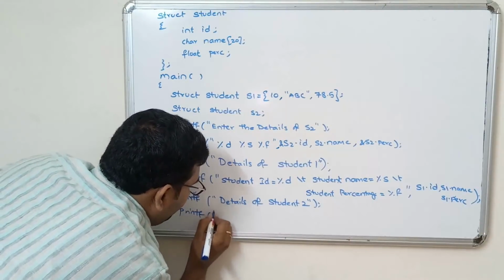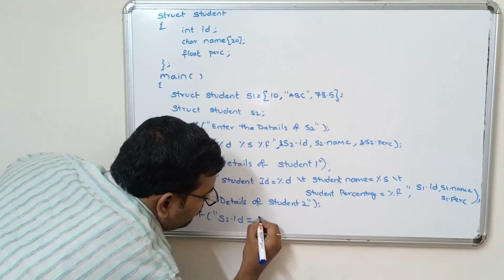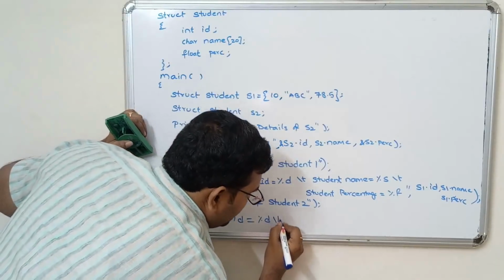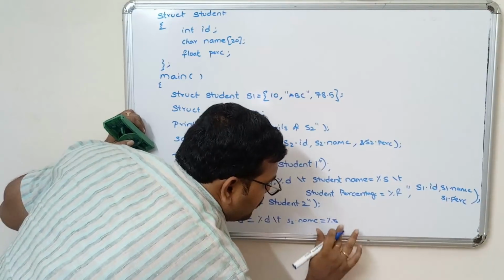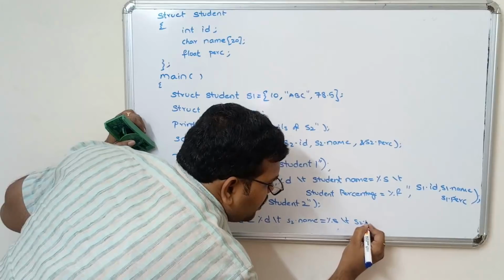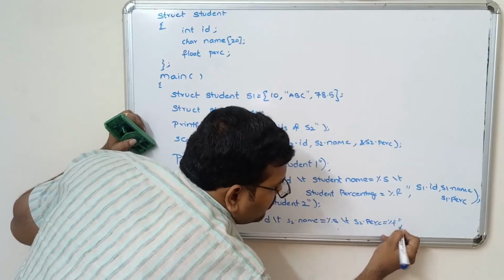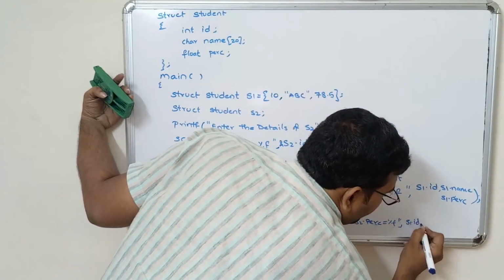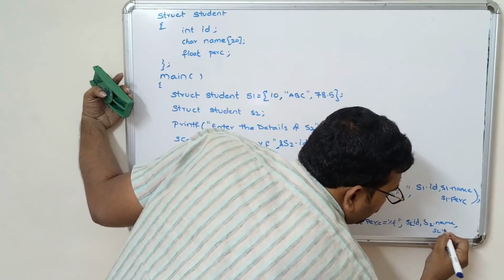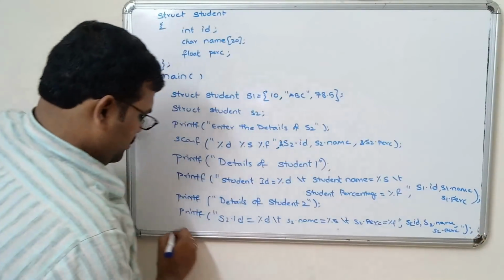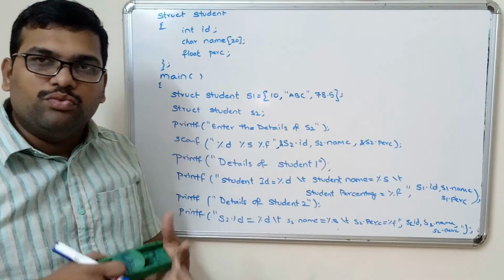So again printf, s2 dot id is equal to %d backslash t, s2 dot name is equal to %s backslash t, s2 dot percentage is equal to %f, comma s2 dot id, s2 dot name, s2 dot percentage. So close the program. This statement will display the details of student 2.